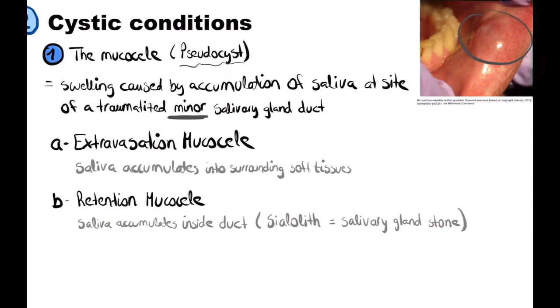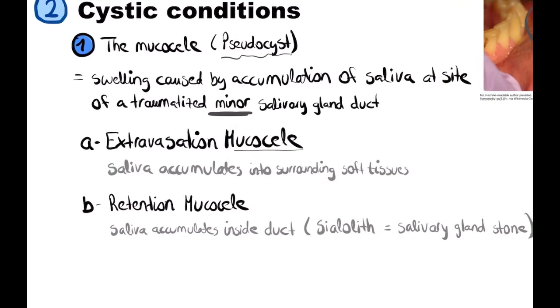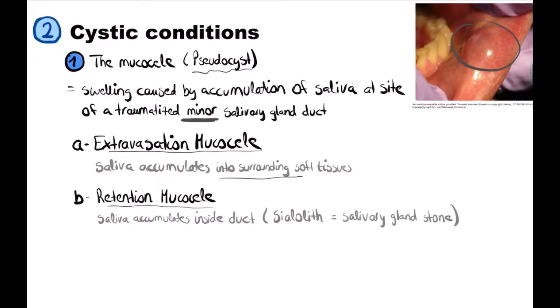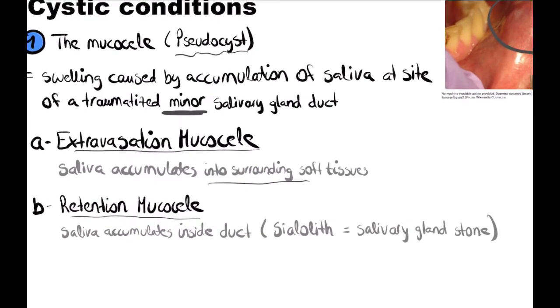We have two types of the mucocele: the extravasation mucocele and the retention mucocele. The extravasation mucocele means that the saliva accumulates in the surrounding soft tissue. The retention mucocele means that the saliva accumulates inside the duct, which leads to sialolith, that means salivary gland stone.